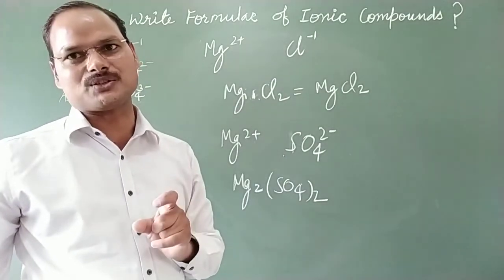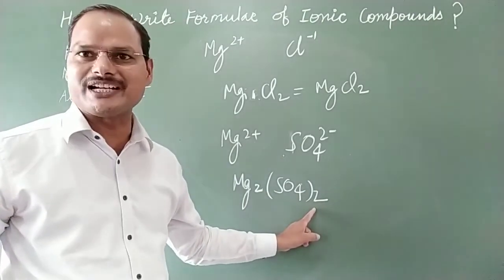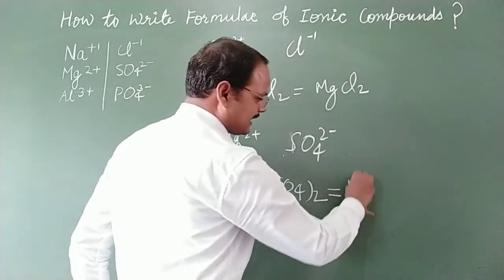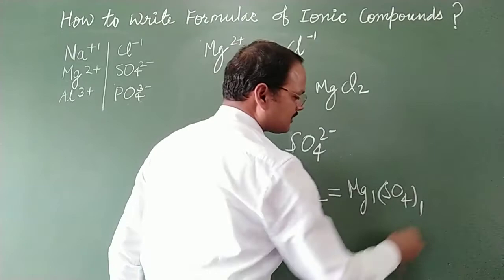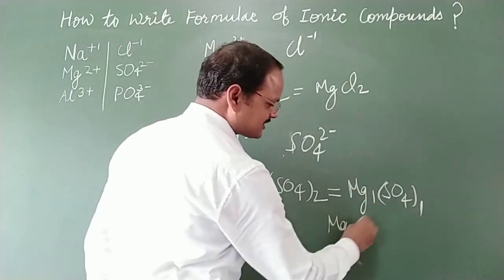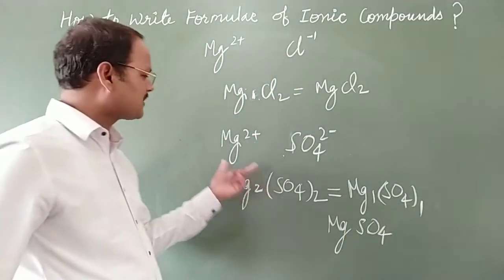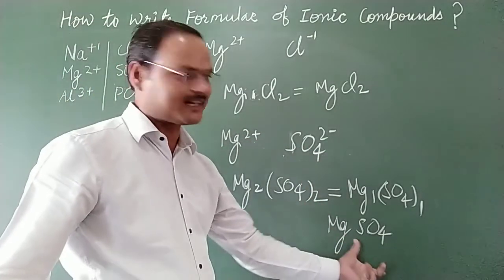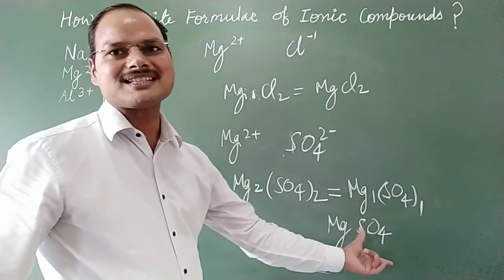Here you can see that 2 and 2 are divisible by 2, and that's why we have to write it in a simple ratio, that is Mg1SO4 1, and 1 should not be written, so in place of this we get MgSO4 as the formula formed by magnesium ion and sulfate ion. MgSO4, without brackets, without any value. The name will be magnesium sulfate.